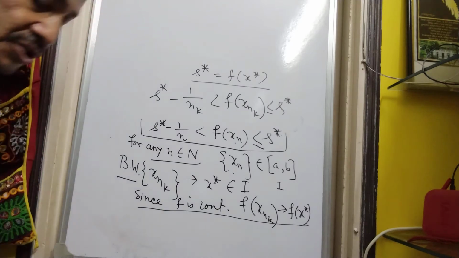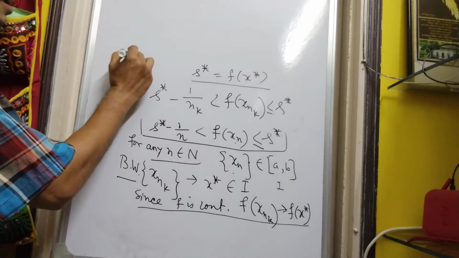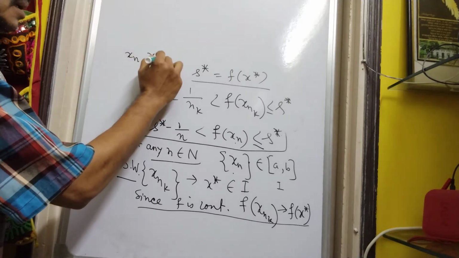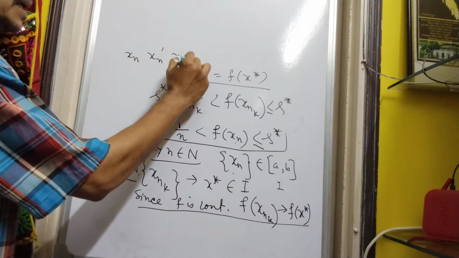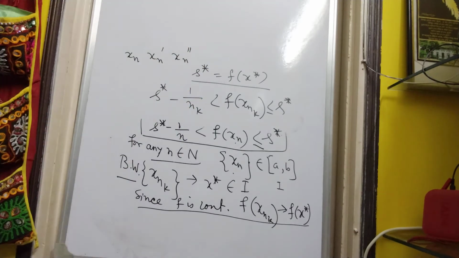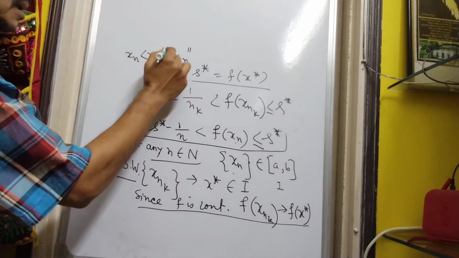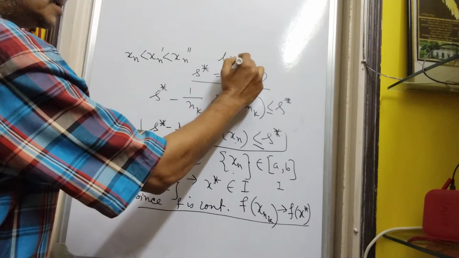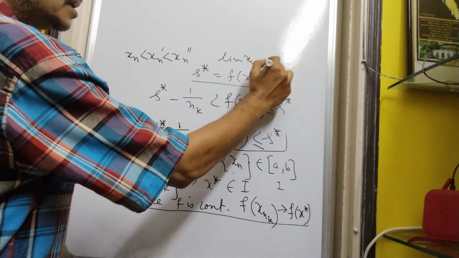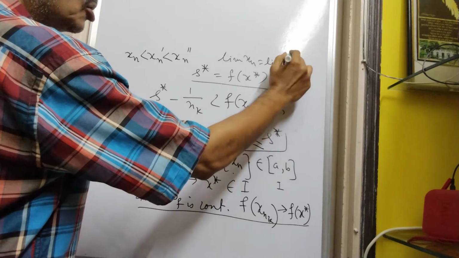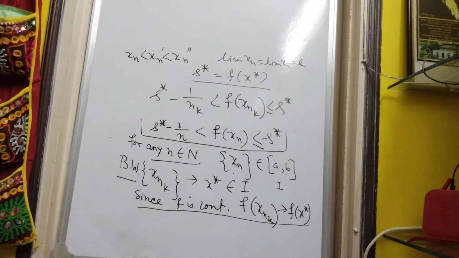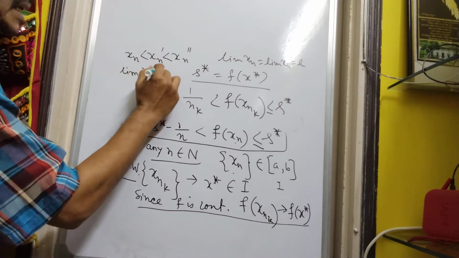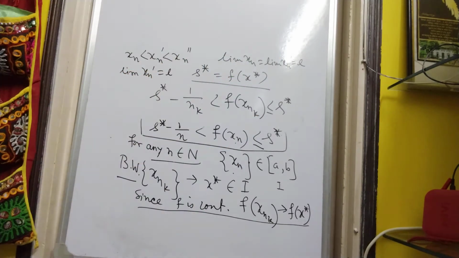Why? Because if we have xn prime and xn double prime such that limit xn equals limit xn double prime equals L, then the Sandwich theorem says that limit xn prime converges to the same limit.